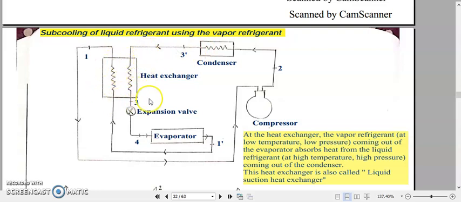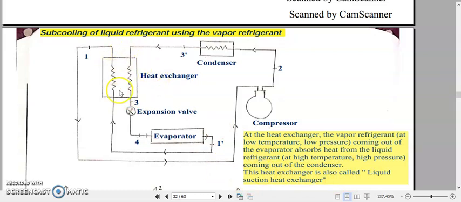This heat exchanger produces the subcooling of the liquid refrigerant using the vapor refrigerant. Another term for this subcooler is the liquid suction heat exchanger, which we discussed in the last class.